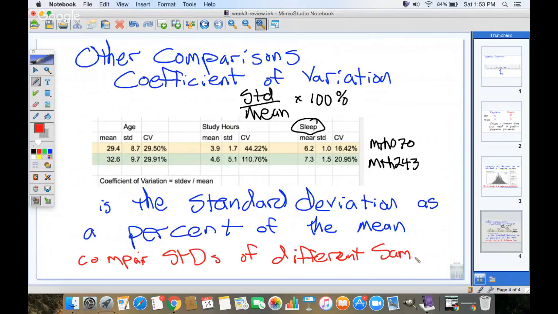And it's a powerful summary statistic that's sometimes used because we often compare different samples or different populations, males versus females, algebra students versus statistics students, Democrats versus Republicans, all kinds of different things like that.